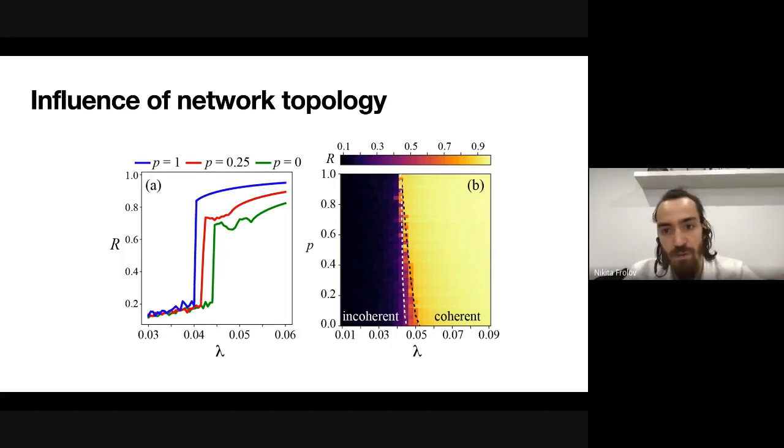So at the completely random network at p equals unity, we also see the sharp, first order explosive transition from incoherence to coherence without any intermediate states.